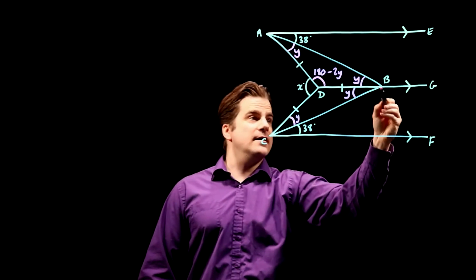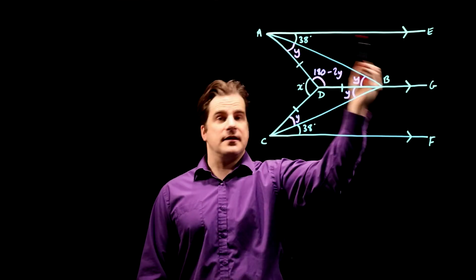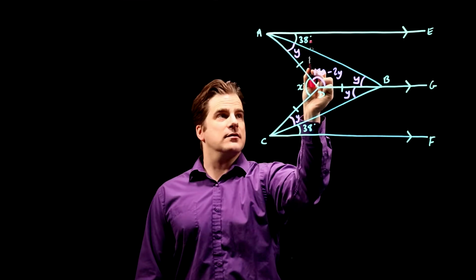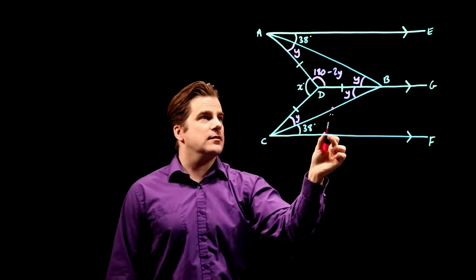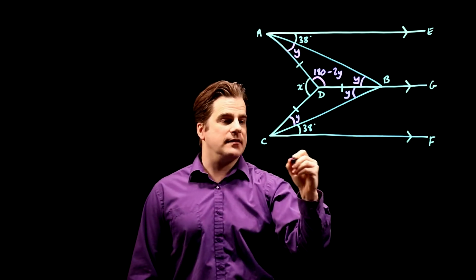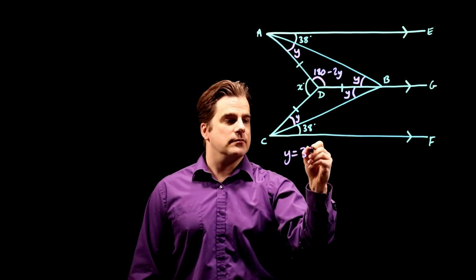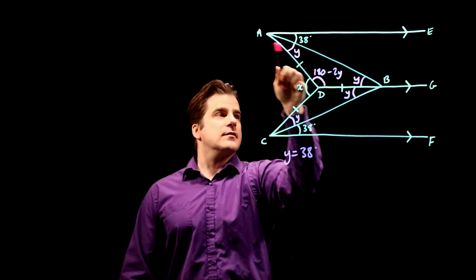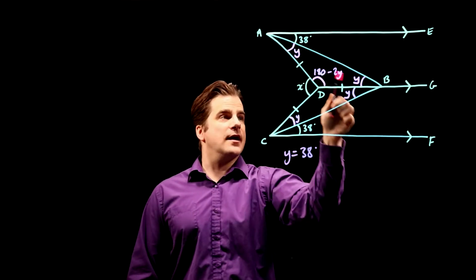Here is our Z, okay? And in Z angles, that angle equals that one. So that's great. We can write down straight away from Z angles that Y is 38. Okay? There it is. Y is 38.